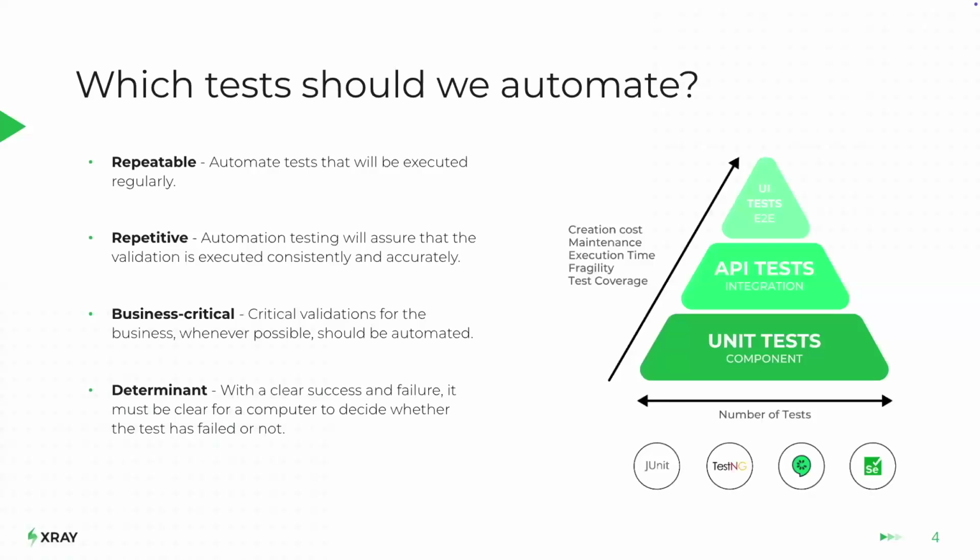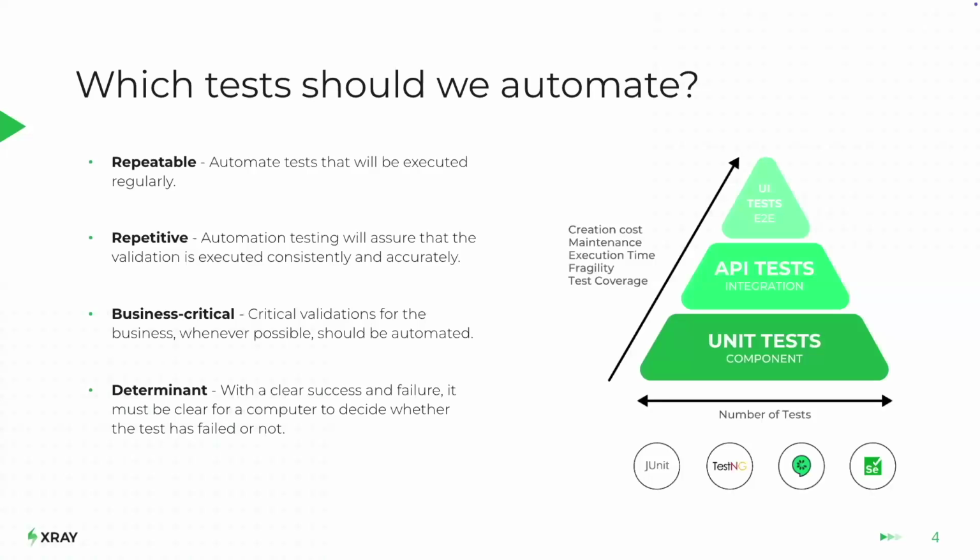But all of this must also be aligned with the principles of the testing pyramid. And I'm sure that everyone is familiar with it. But just a brief overview: try to invest most in the tests that are at the base of the pyramid, because as we can see, as we climb the pyramid, the tests will be more costly to create, more difficult to maintain.